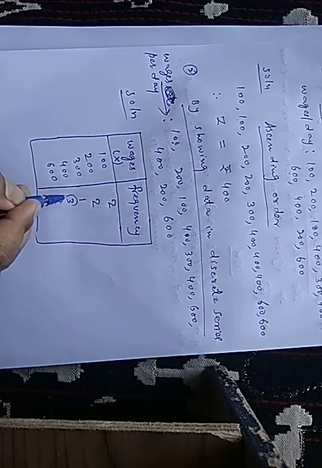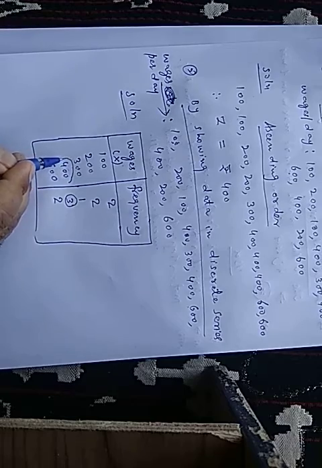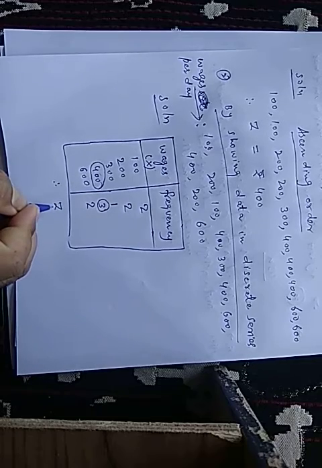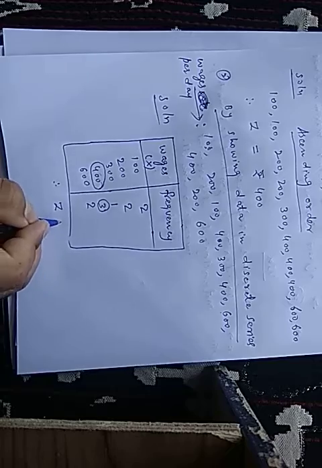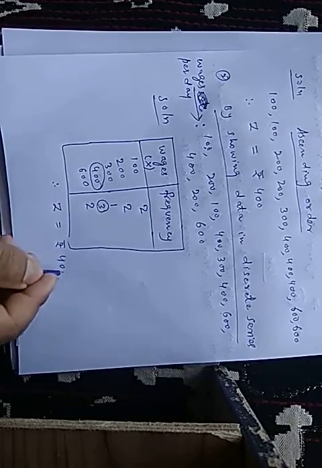In our example, the highest frequency is 3, and it is the frequency of the value of variable which is equal to 400 rupees, that is wages per day. Therefore, value of mode, which is denoted by letter Z, is equal to 400 rupees. That is, wage is equal to 400 rupees per day.